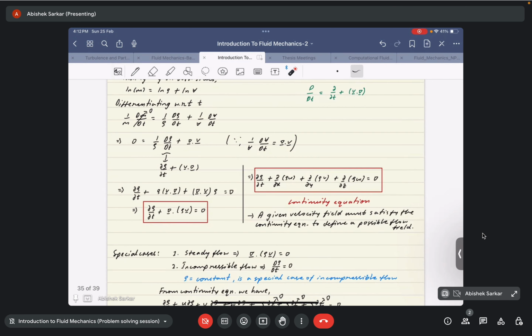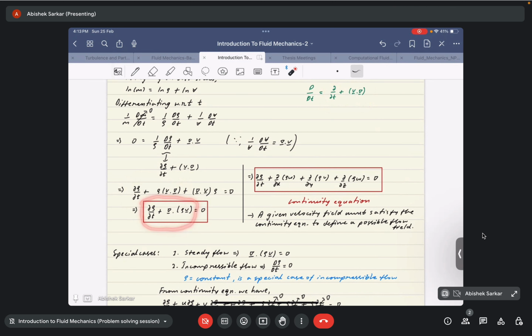It is actually written here. So as you can see, this one is the complete derivative operator, and this is not.